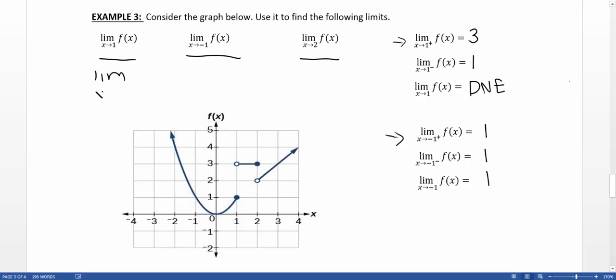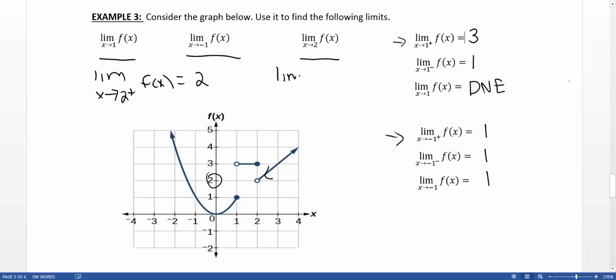So the limit as x approaches 2 from the right of f of x means that we're on this upward sloping line here, and we're considering what happens as we get close to 2 as we're coming down from the right. So we can see that the y value as we approach 2 from the right is going to be 2.